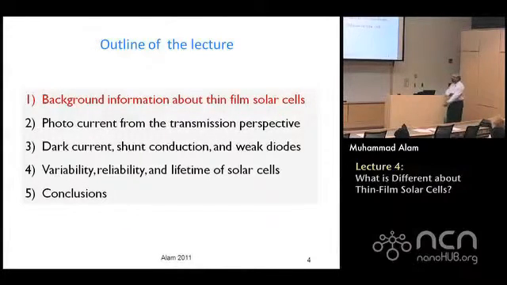Now, here is a brief outline. I'm going to give you some background information. But I'm going to talk a lot about photocurrent, and you might find this aspect a little bit interesting because of one thing Professor Lundstrom said, that you might remember: when he was a student, he used to go home and explain to his wife why he doesn't work on the photo-generated carriers for the solar cells, because it was flat, and so therefore he could focus on the dark characteristics.